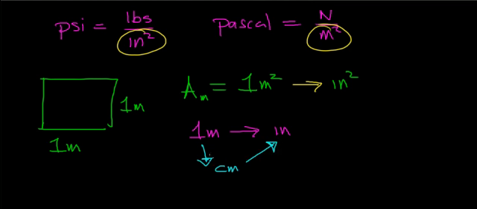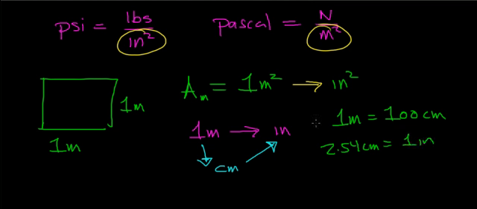I know a nice linear relationship to do that, and I'm just going to summarize two of the things that I know for certain. I know 1 meter equals 100 centimeters, and I know 2.54 centimeters equals 1 inch. So these are my linear relationships.